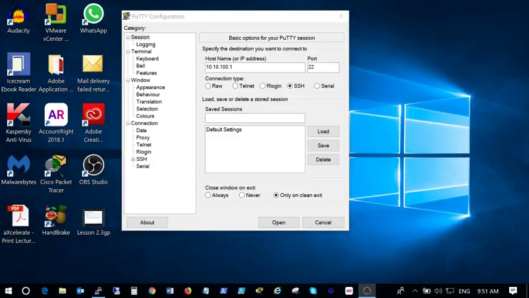I'm going to be logging into an operational device. This device is actually set up as a gateway. So let's just get in and take a look at it. Obviously, I've got PuTTY up here. So let's just start with logging in.